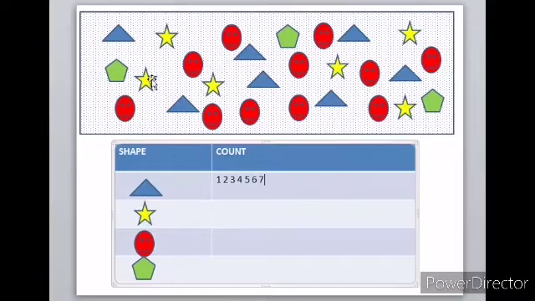Similarly, for stars, we will count the stars and write the number of stars, like 1, 2, 3. See, 4, then 5 and 6 stars are there. When we are asking people and one is telling star, then we put 1.